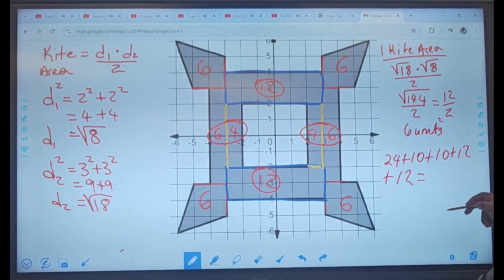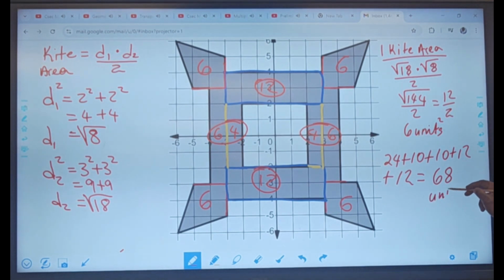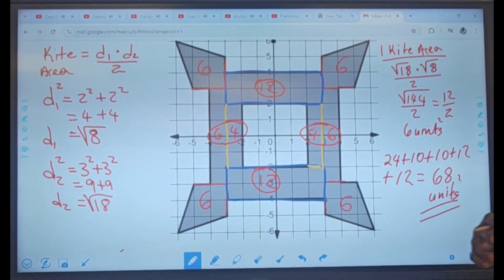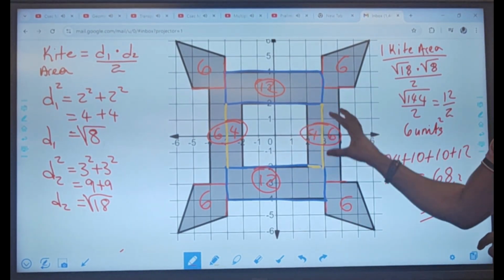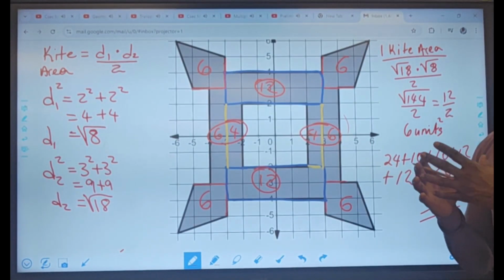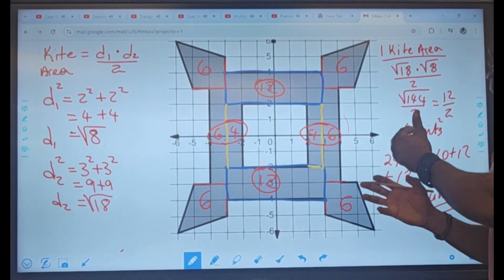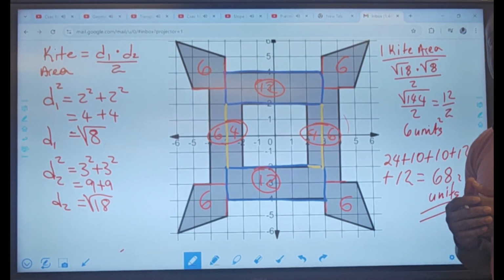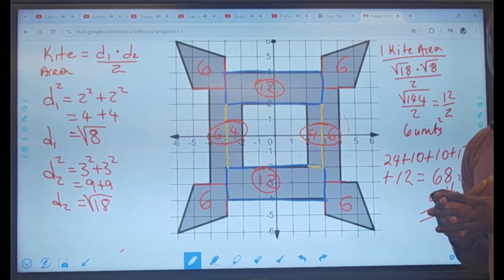When we add that together, we're actually getting 68 units squared. So there it is, we found the area of this shaded region, but we did it by cutting this up into smaller shapes that we're well comfortable and well able to see, and then we put it all together.